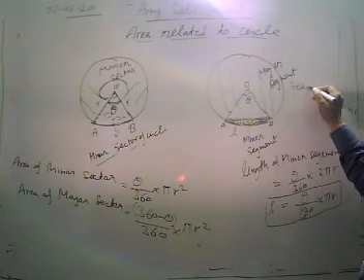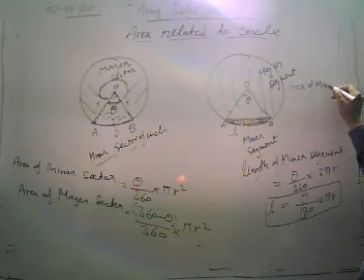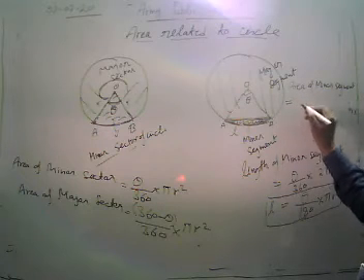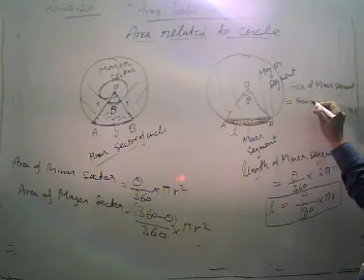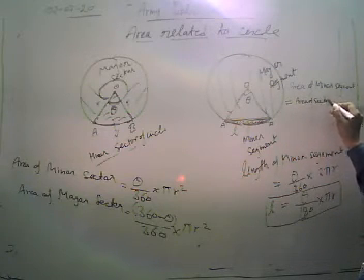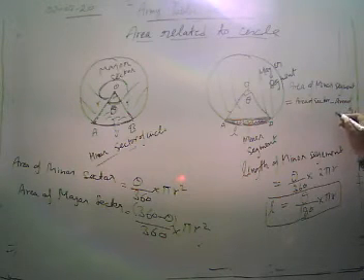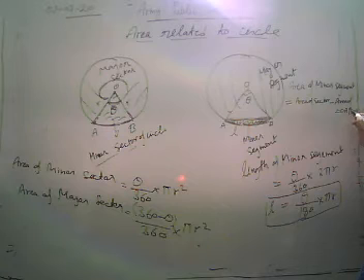Now area of minor segment is given by area of sector minus area of triangle OAB.